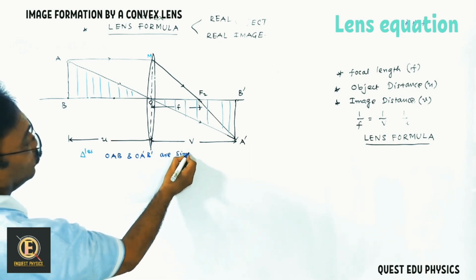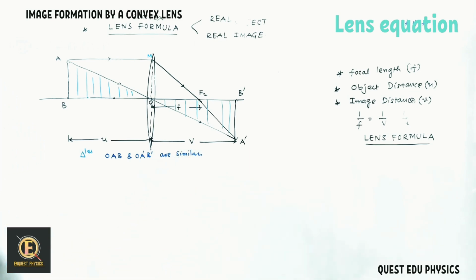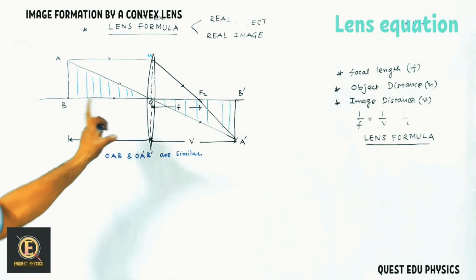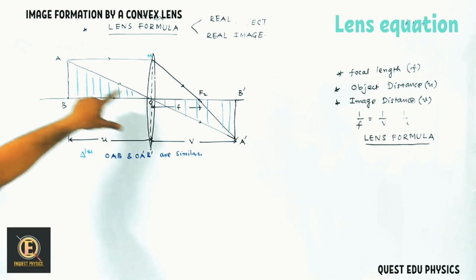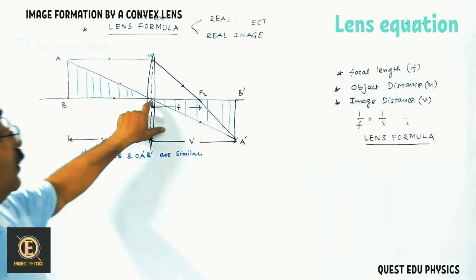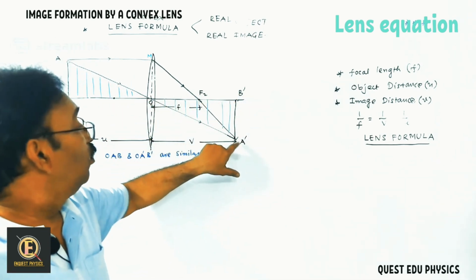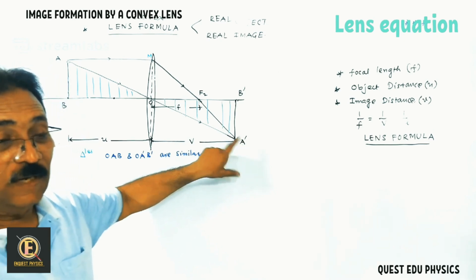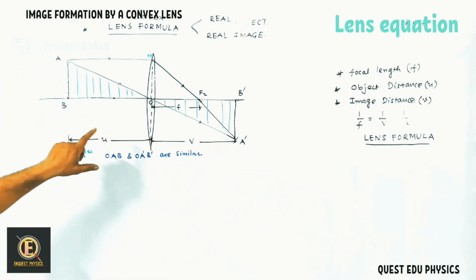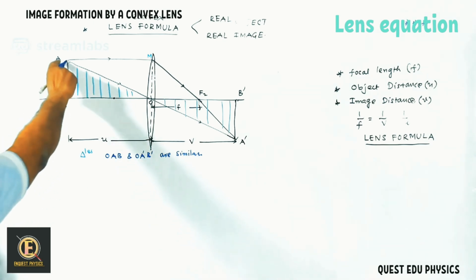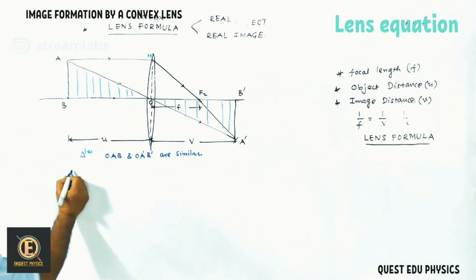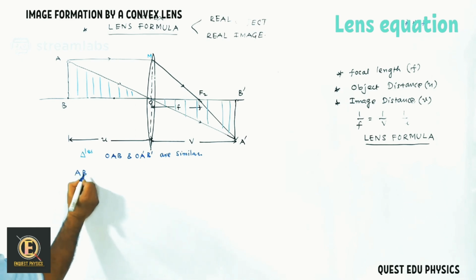Their corresponding side ratios are the same, students. Here I am taking the ratios of these two. I can write it as AB by A dash B dash is equal to OB by OB dash. Okay, students. OB by OB dash.